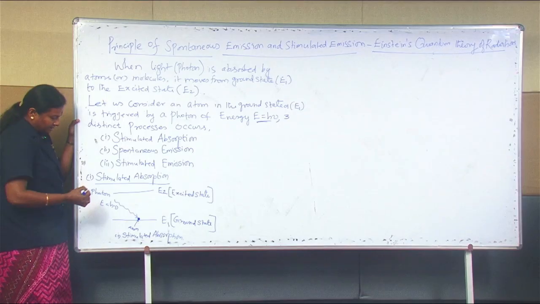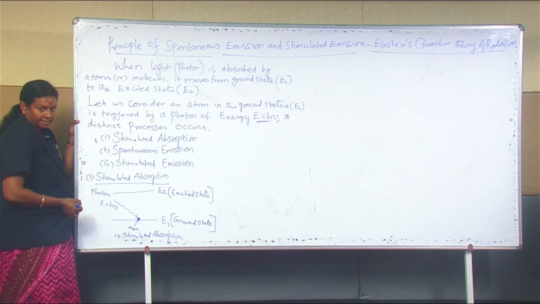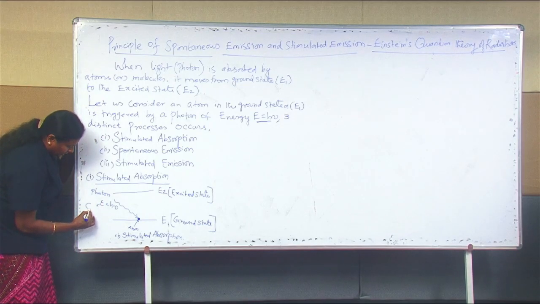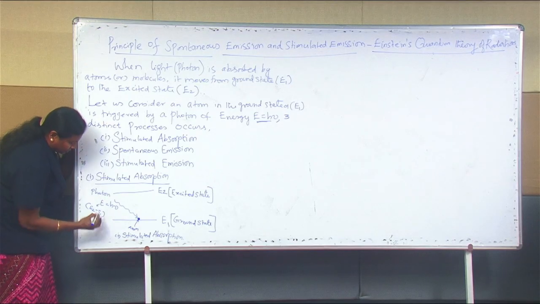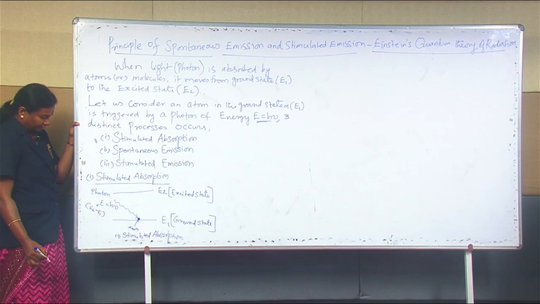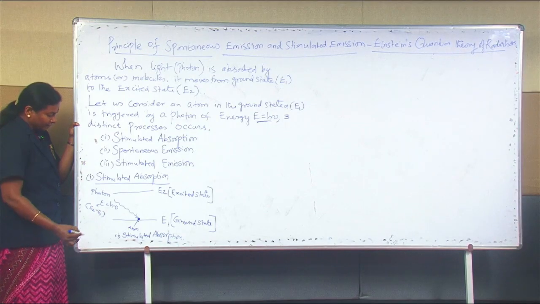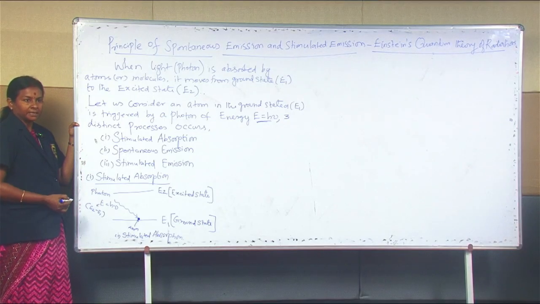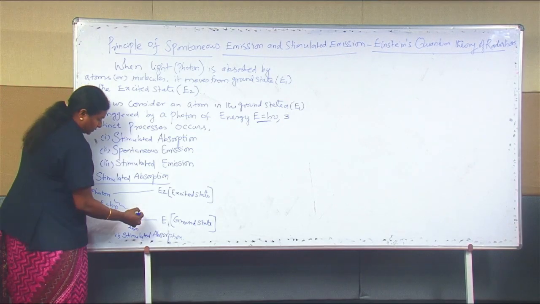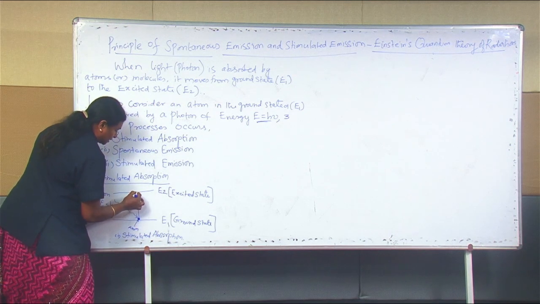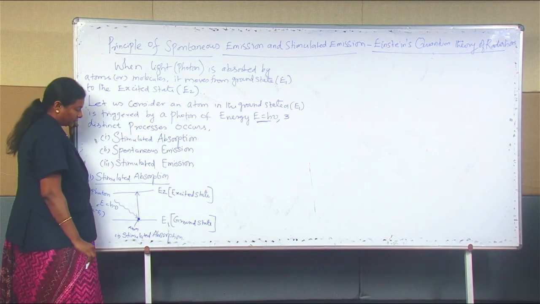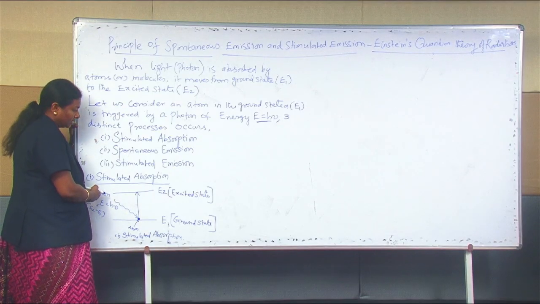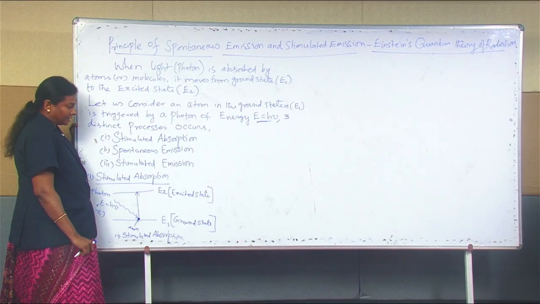This energy should be equal to the energy difference between the two energy levels, E2 minus E1. If this incident photon hits this atom, immediately the atom absorbs the energy. So the absorption process is achieved. This process, by means of external triggering, is called stimulated absorption.